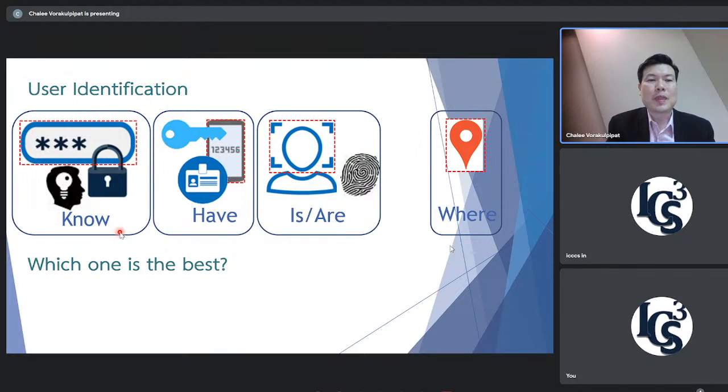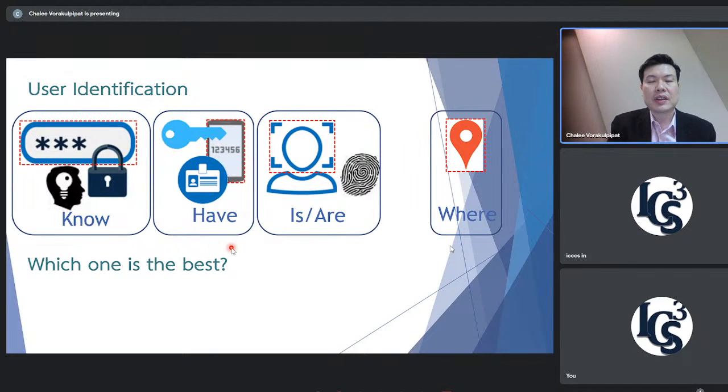For example, if we disclose our password by accident to 100 people, those 100 people who have my password can get access to my email or to my system. That's why we have another one.